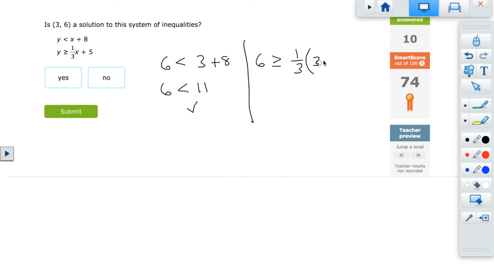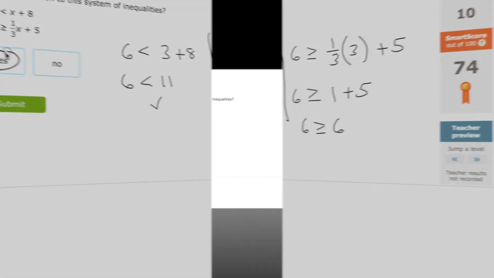X is 3. We just did that problem. So first I'm going to do 1/3 times 3, which is 1, because positive times a positive, plus the 5. And as we've done this a few times today, 6 is greater than or equal to, it's equal to 6. So this would be yes also.